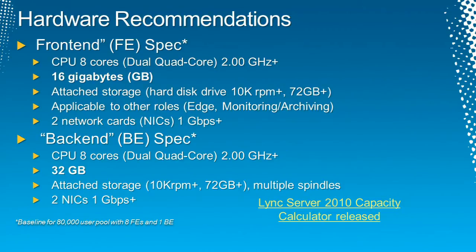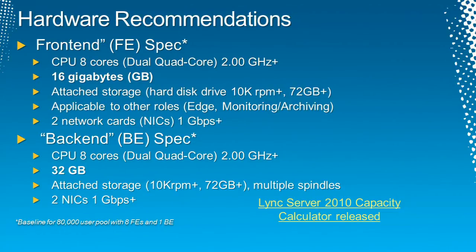It will give you an overview of how many servers we think you should have, what specs and what type of memory those servers have. Generally, we put our servers in two buckets: the front end and the back end. For the front end spec, the way we calculated this is we took an 80,000 user pool with 8 front ends and 1 back end. And that is our baseline.